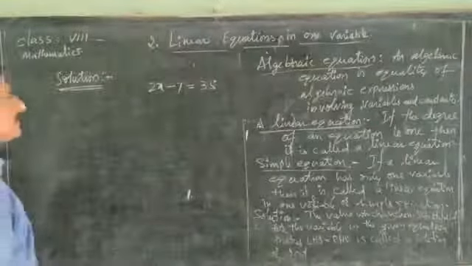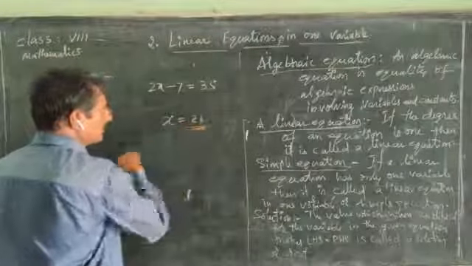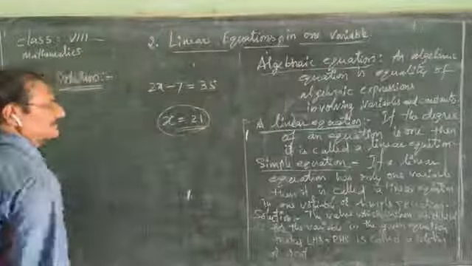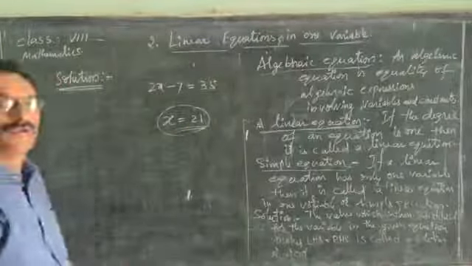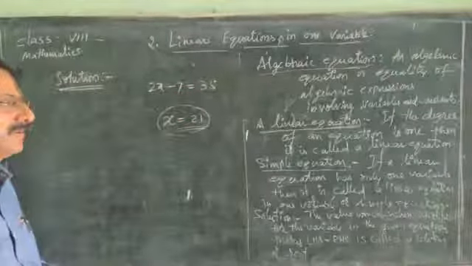In this equation, we got the x value equal to 21. It is a solution. How can we say it is a solution of this equation?